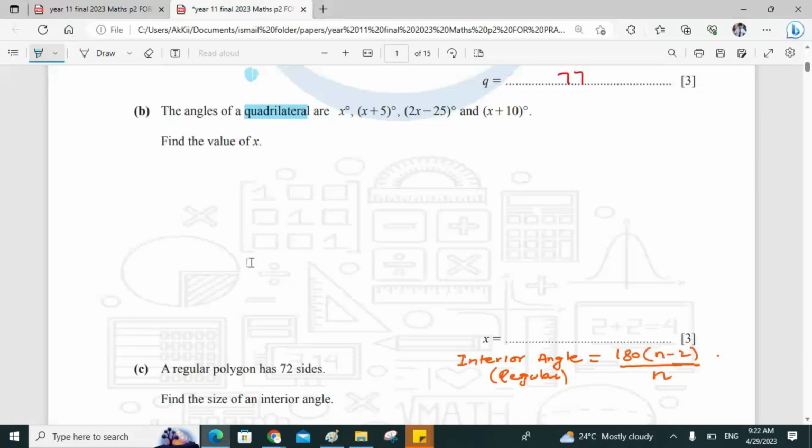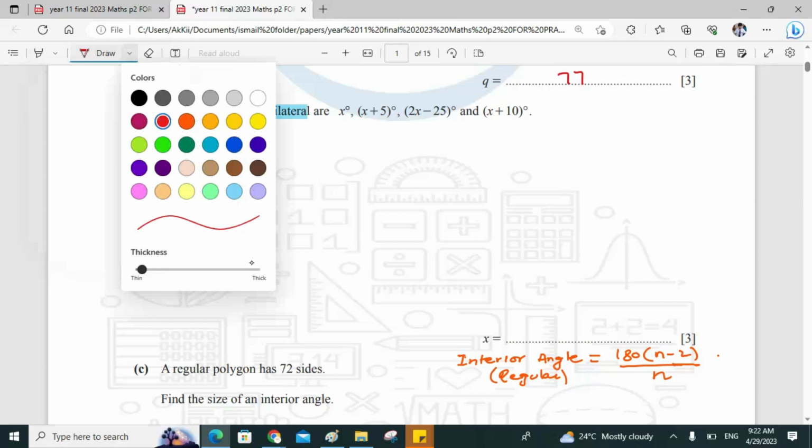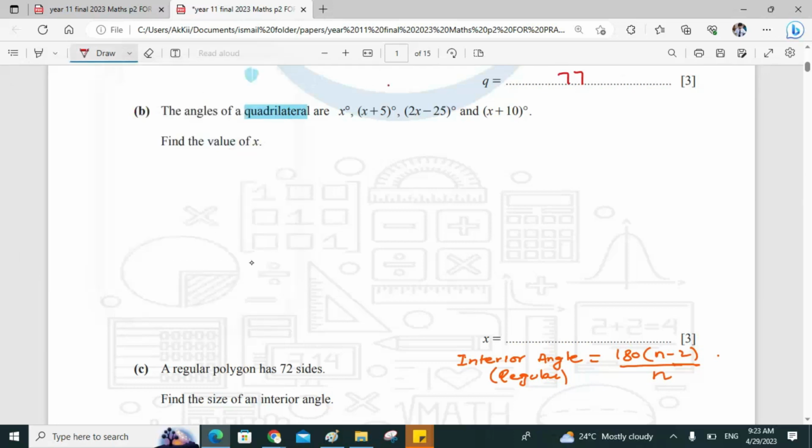You can see that it has not given you the angles in terms of numbers, but in terms of variables. So what you need to do is simply make an equation. The skill which is being checked over here is equation making.